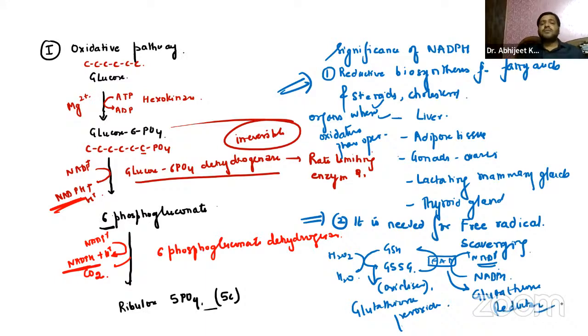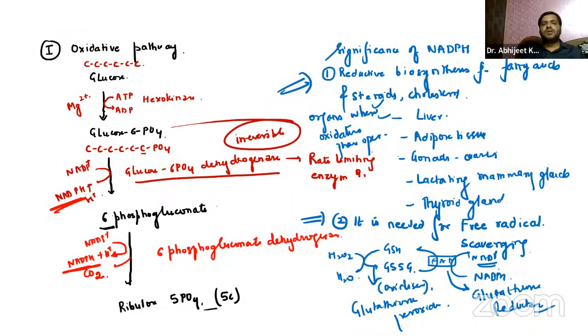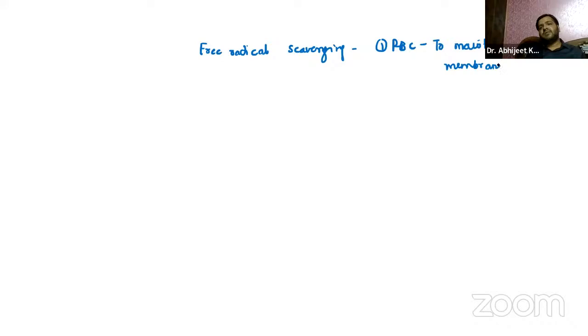Right? Now, what is free radical scavenging? Why is this important, guys? I just wanted to discuss it over here. Free radical scavenging, guys, is basically important in RBC to maintain membrane integrity of RBC.